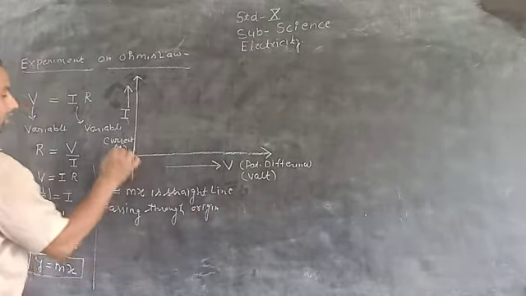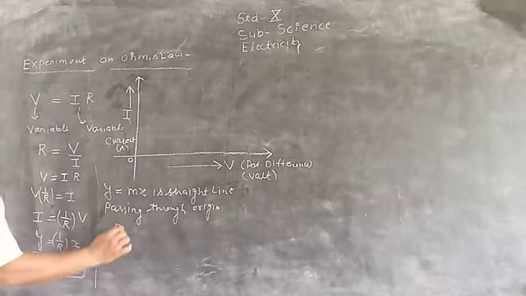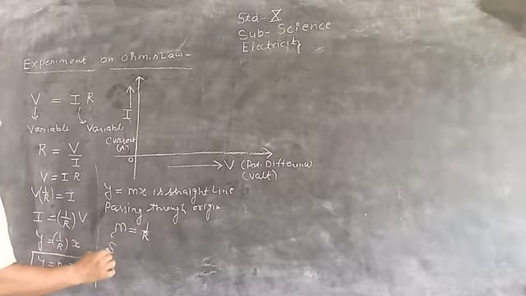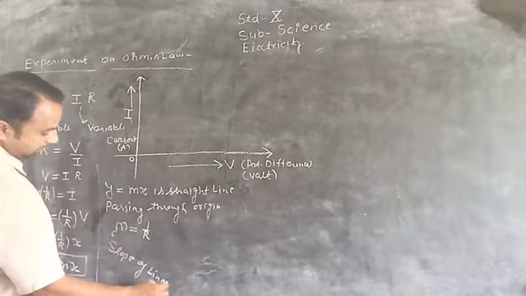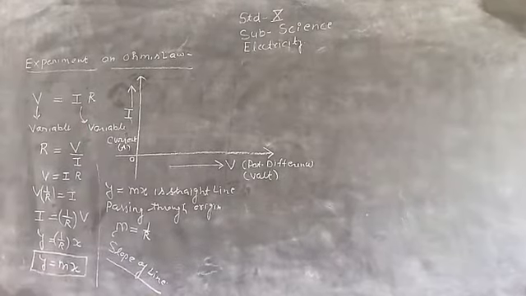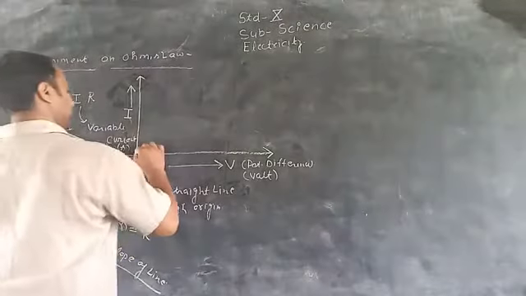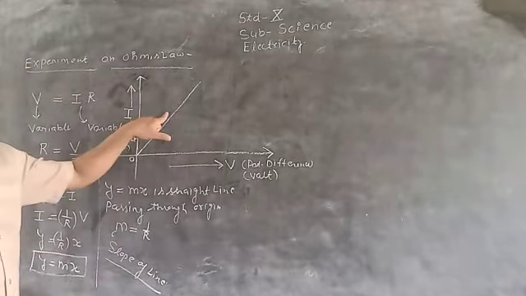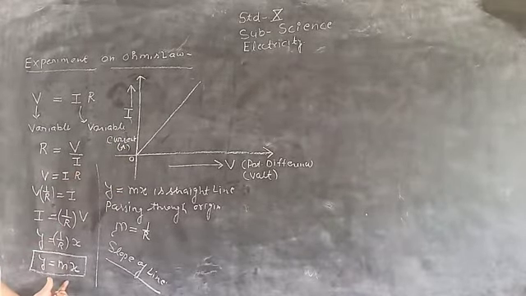This is our origin and this is a straight line passing through the origin, because this is the standard format of a straight line. Here m is equal to 1 by R, where m is called the slope of the line. Now we can draw the straight line. There is only one possibility, like this, because it represents a straight line passing through the origin.